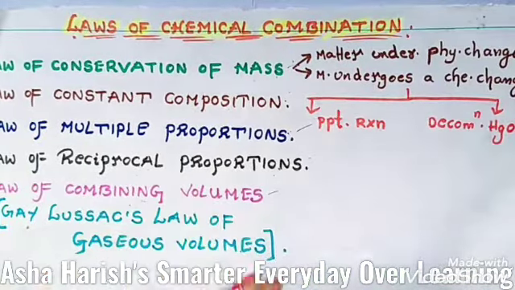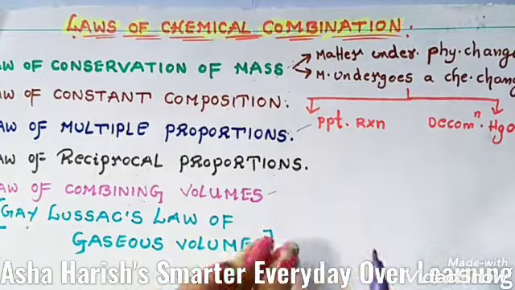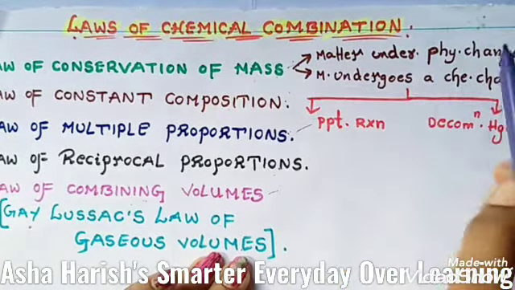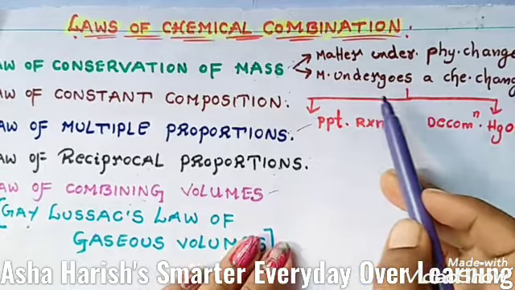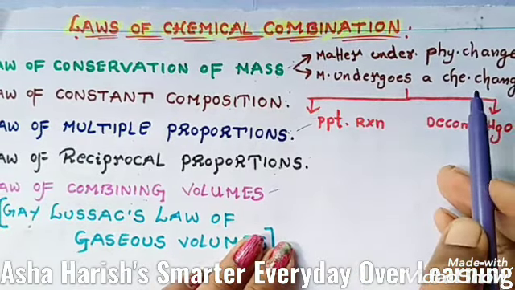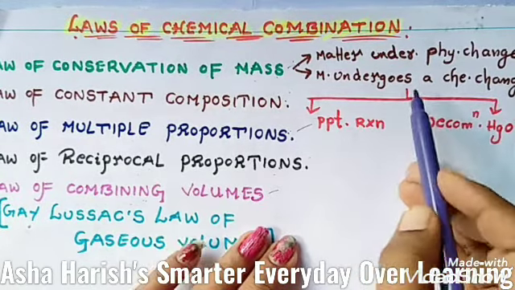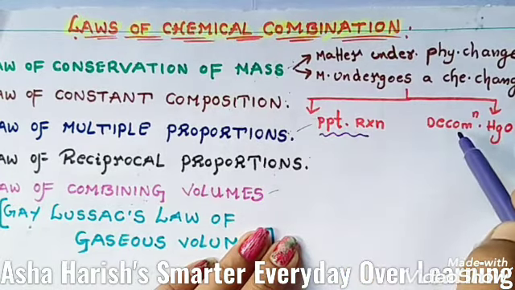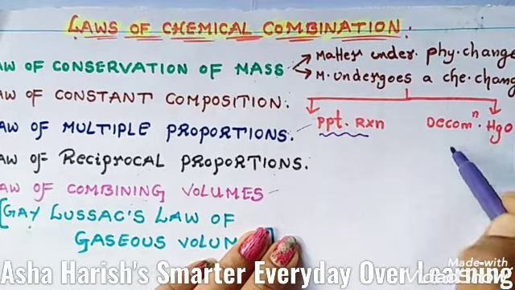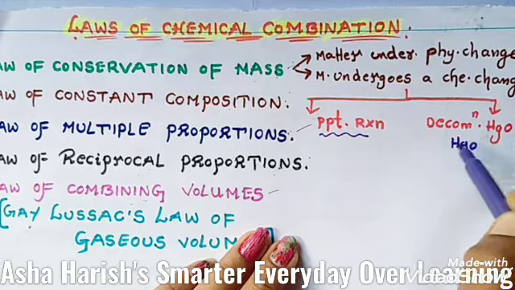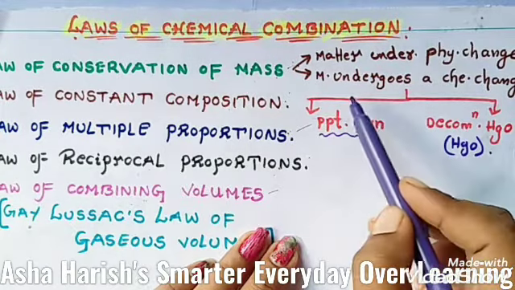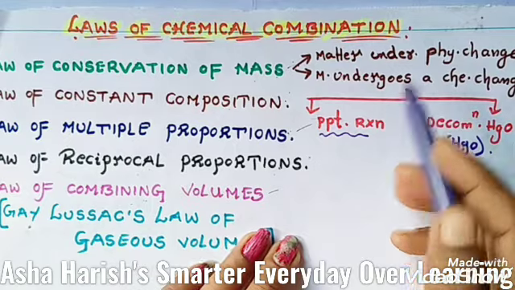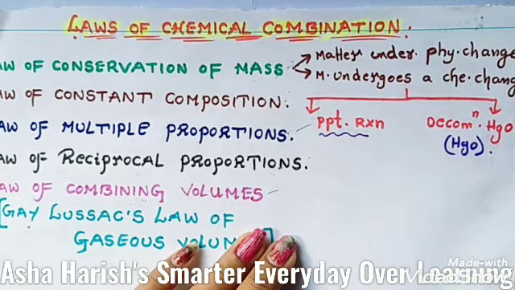In this second type, you shall study the precipitation reaction and the decomposition of mercuric oxide, which is a decomposition reaction. Okay students, now we shall discuss matter undergoing a physical change.